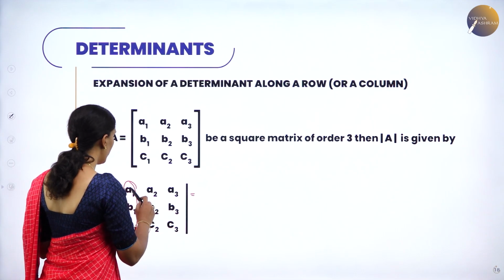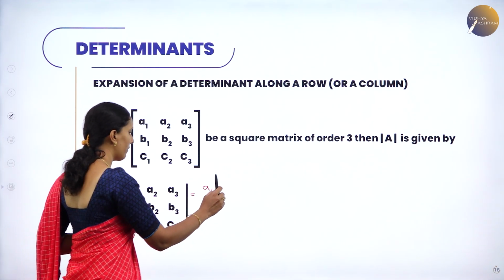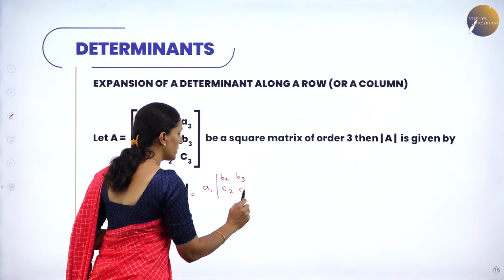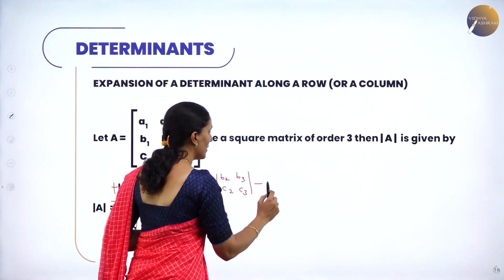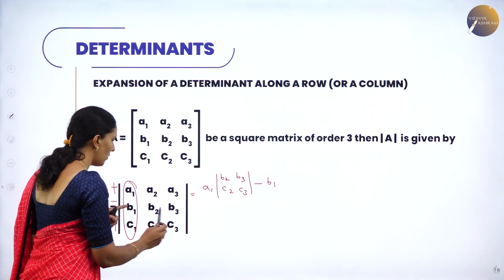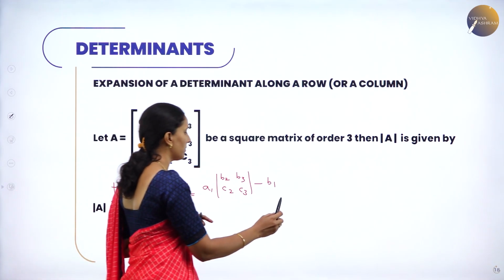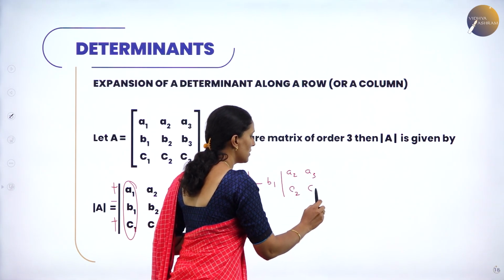What happens now? First one, A1. Delete the row and column containing A1. Then you will get B2, B3, C2, C3. Next you have minus B1. Delete the row and the column. So we have A2, A3, C2, C3.